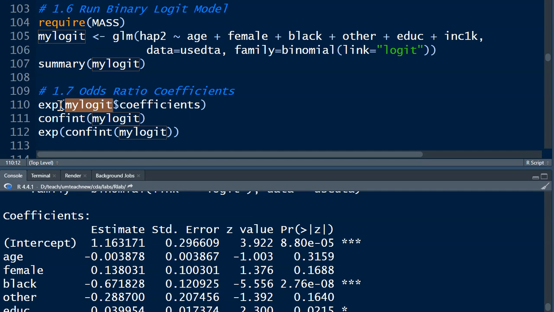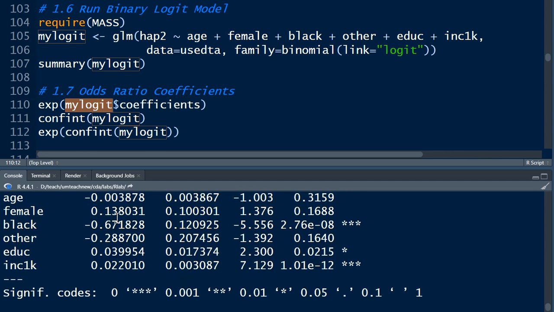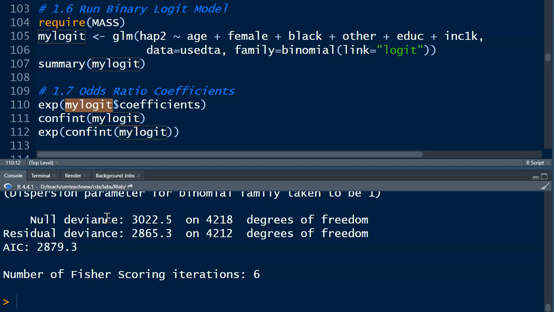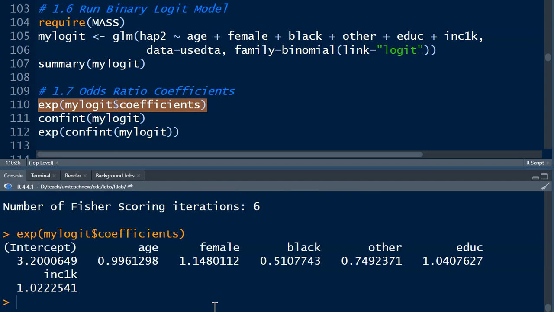It exponentiates all these estimates we see here in this row. We can run it, and then we get the results.